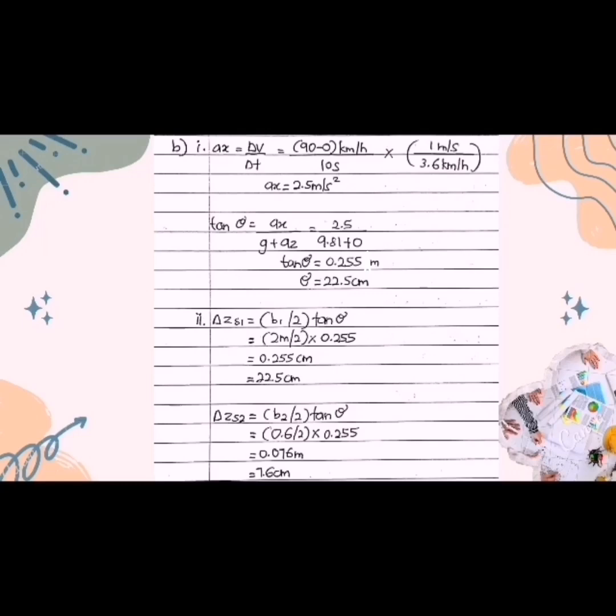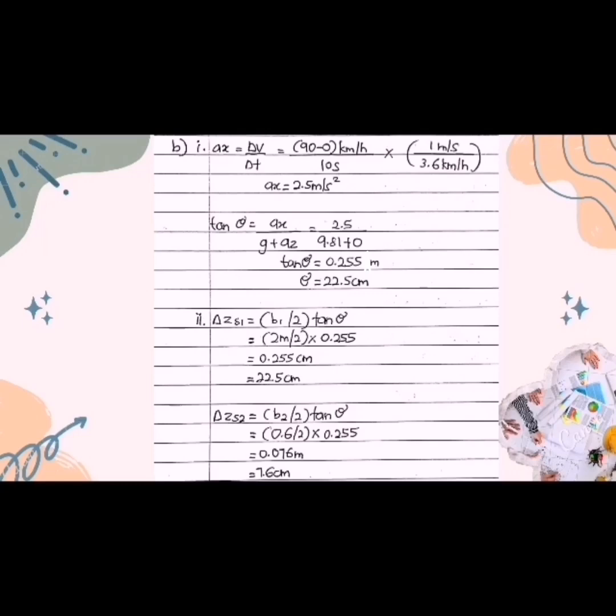For the long side parallel to the direction of motion, the elevation of point number 1 equals b1 over 2 times tangent theta, which is 2 meter over 2 times 0.255, equals 0.255 meter, also calculated as 25.5 centimeter. For the short side parallel to the direction of motion, the elevation of point number 2 is b2 over 2 times tangent theta, which is 0.6 over 2 times 0.255, equals 0.076 meter, calculated as 7.6 centimeter.